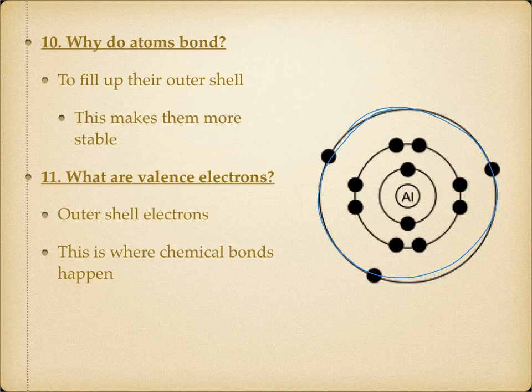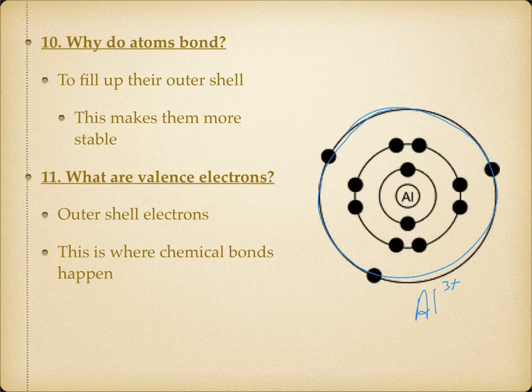The third energy level, or third electron shell, can hold a maximum of 8. So from an energy standpoint, aluminum would be more likely to give up 3 electrons than take on 5. It just would make more sense from an energy standpoint. So when it gives up its 3, it would form aluminum with a 3+ charge.